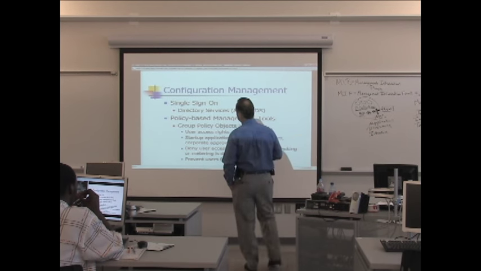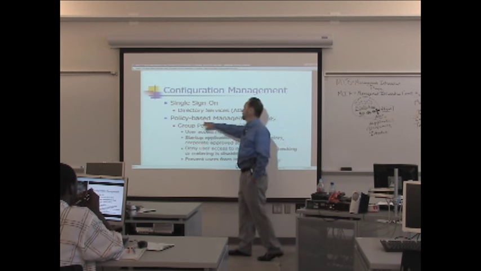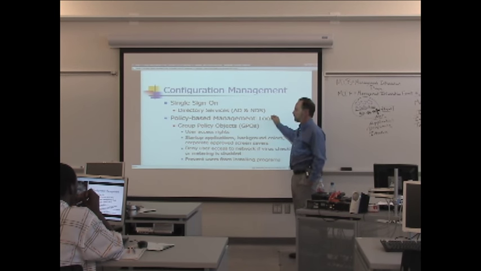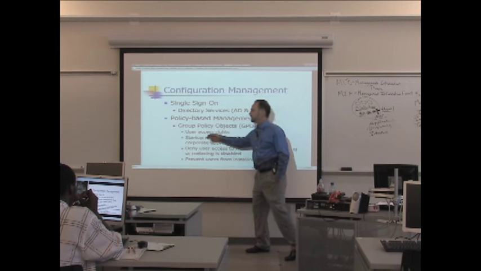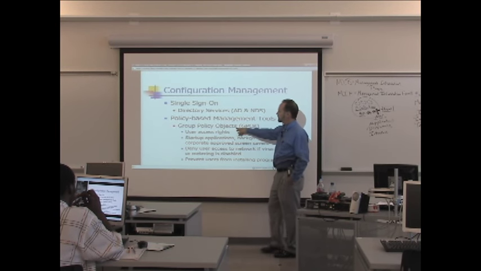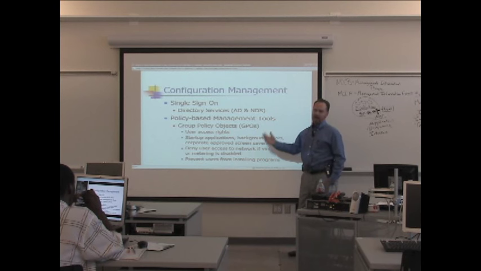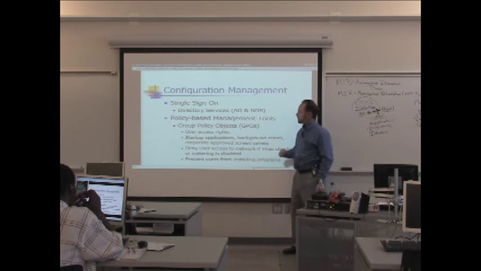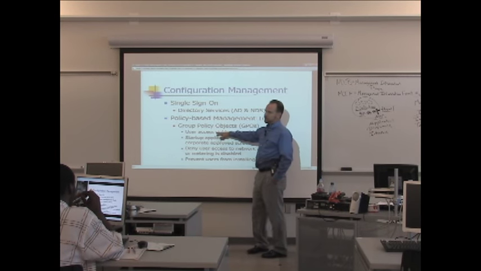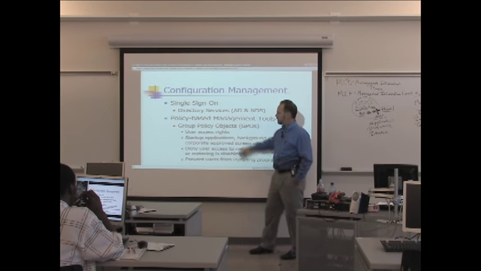We also want to be able to utilize what is referred to as policy-based management tools. In the Microsoft world, and this is pretty true in most of the high-end networks these days, they use what are called GPOs, or Group Policy Objects. Again, we're talking about databases here. So we can control your access rights, what you can do on the system that you're working on.